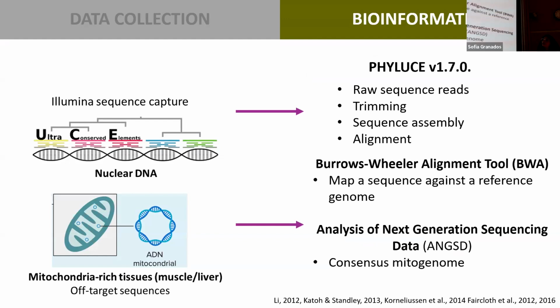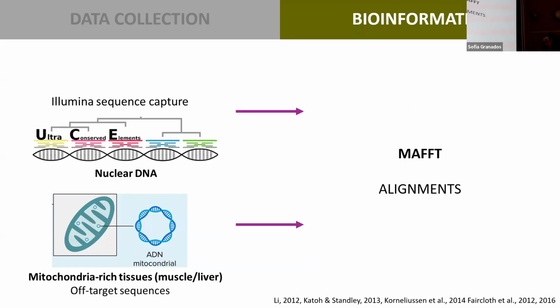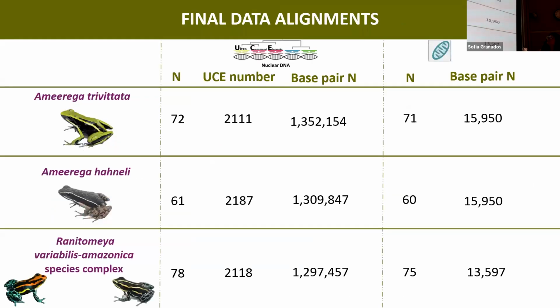For my mitochondrial genome, I used 2 different tools where you take one genome as a reference, and then you find parts of that mitogenome in your samples. Then you build a consensus mitogenome, and you have your assemblies, and I finally got my final alignments. And this is my final data set.